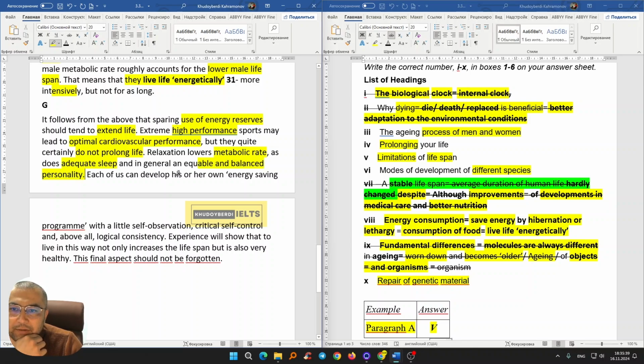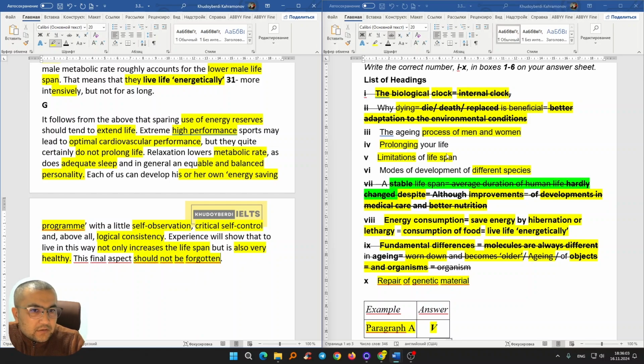Each of us can develop his or her own energy saving program with a little self observation, critical self control, and above all, logical consistency. Experience will show that to live in this way not only increases lifespan but also is very healthy. This final aspect should not be forgotten.